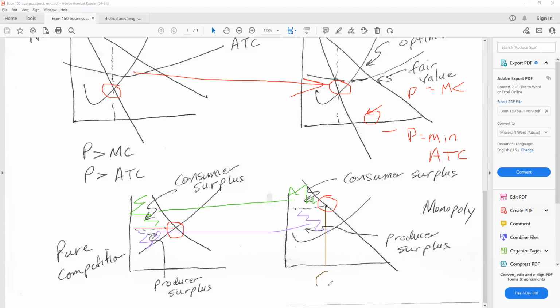This is where you're going to have your quantity. And so we have triangles here. This triangle represents the consumer surplus. This triangle here represents producer surplus.